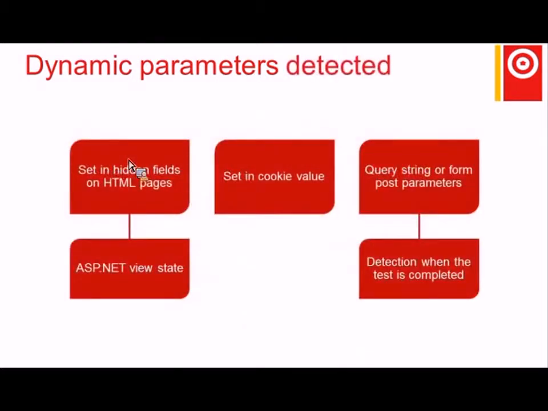Now, the most common dynamic parameters, certainly the ones it handles automatically pretty much every time, are hidden fields. Any hidden fields it identifies in an HTML web page, it will automatically handle at runtime. And if it detected them during recording, it will automatically have them set in the request where they need to be a query string.